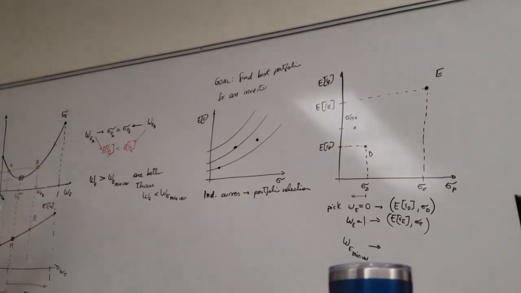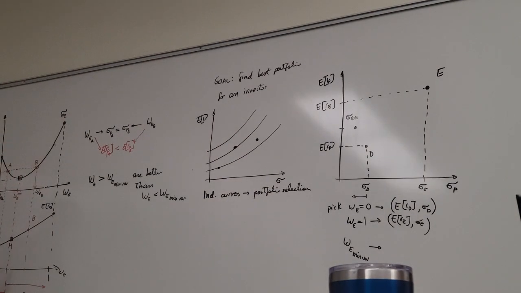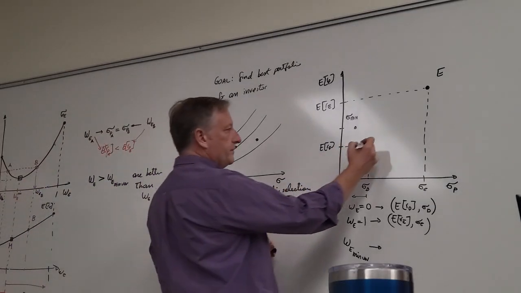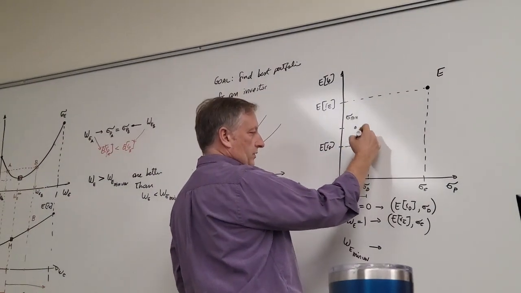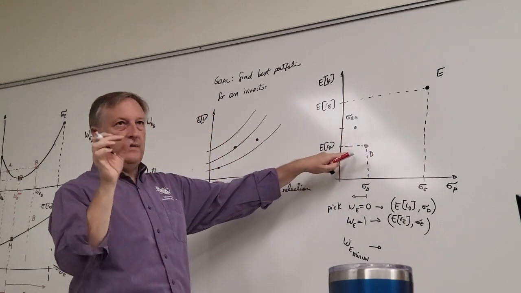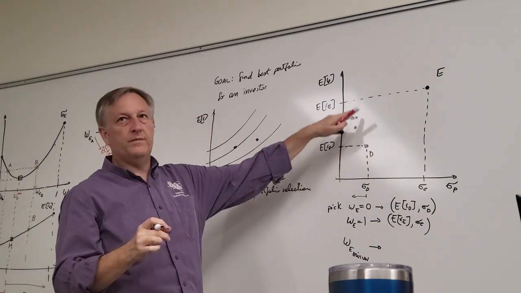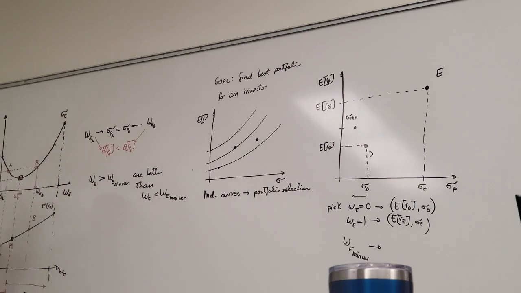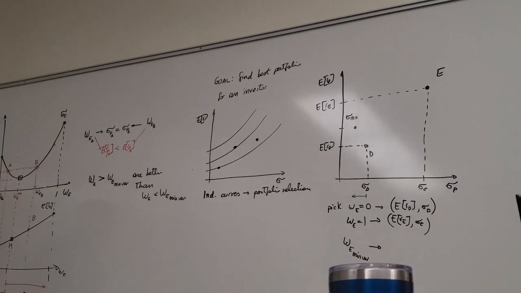So what is the only way to connect those points? Let's suppose that you pick intermediate weights and you calculate all those things. This increases linearly with weight. This first decreases, reaches a minimum, and then increases. So if you start from here and increase the weight, for every incremental weight that you pick, you're moving up a little, following this slope.